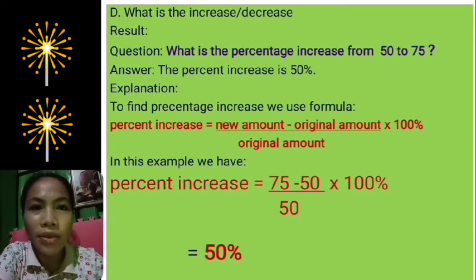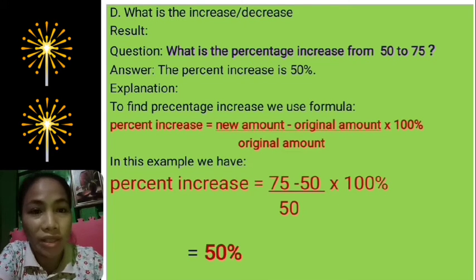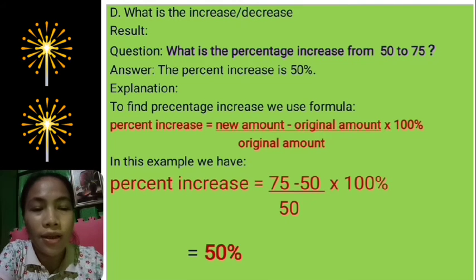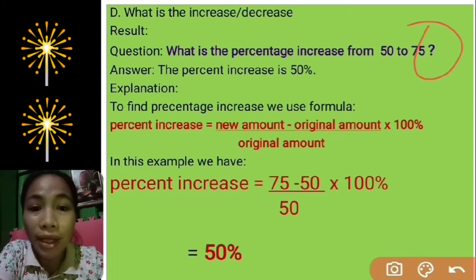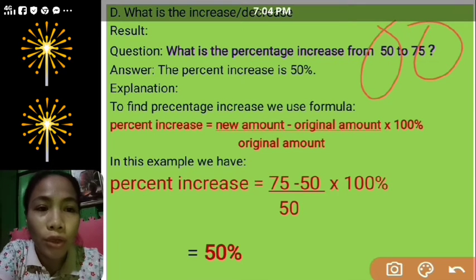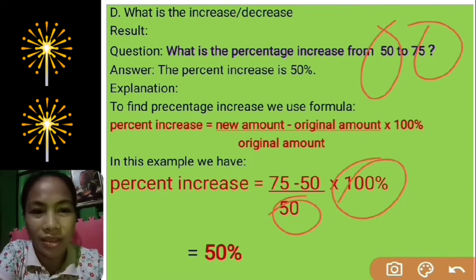Now, what is the decrease or increase? What is the percentage increase from 50 to 75? To answer this, let's have a formula to follow. Percent increase is equal to the new amount, which is 75, minus the original amount, which is 50, over the original amount, which is 50, times 100.